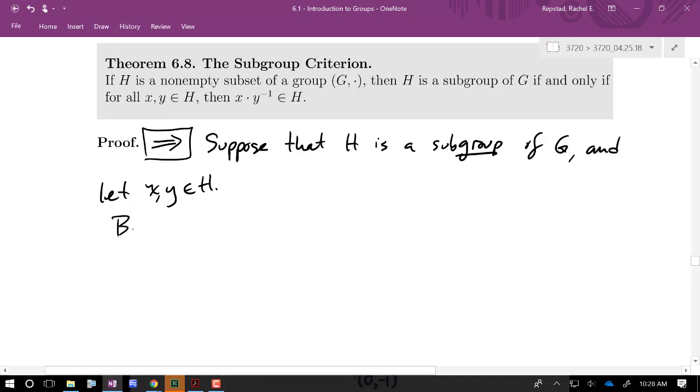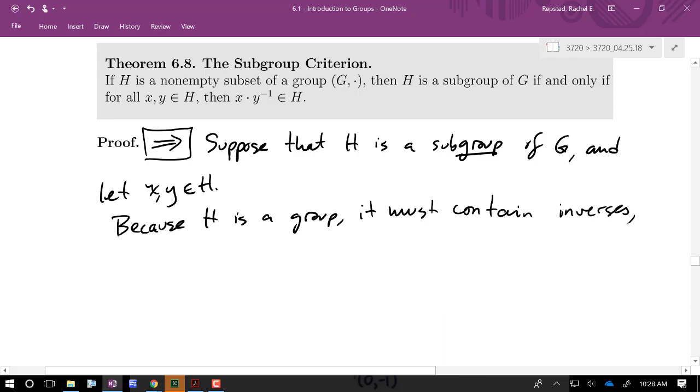So because H is a group, then it has to contain inverses. So we could say for sure Y inverse is in H.